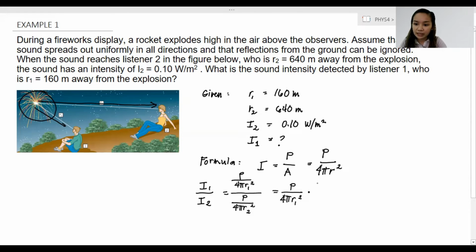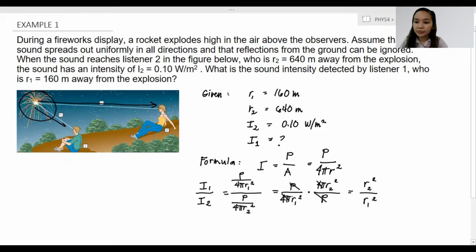So we get the reciprocal of our denominator, so 4 pi r sub 2 squared over P is now on top. With this equation, we cross multiply, P cancels out, 4 pi cancels out. We will be left with r sub 2 squared over r sub 1 squared.